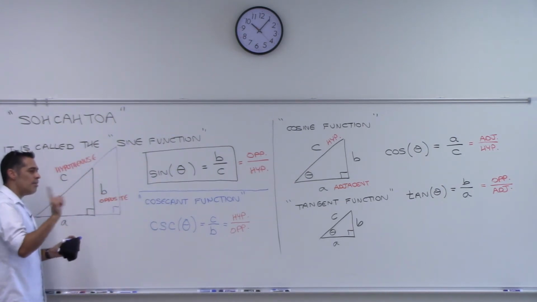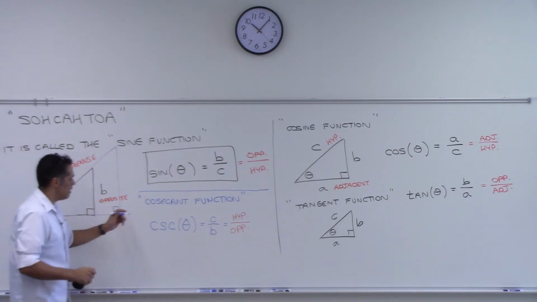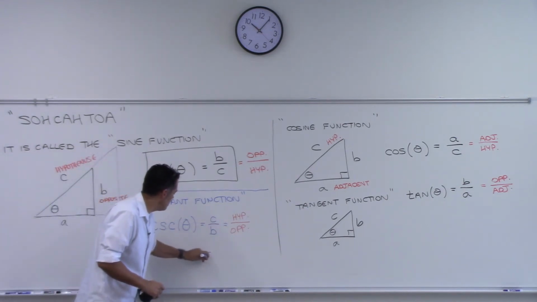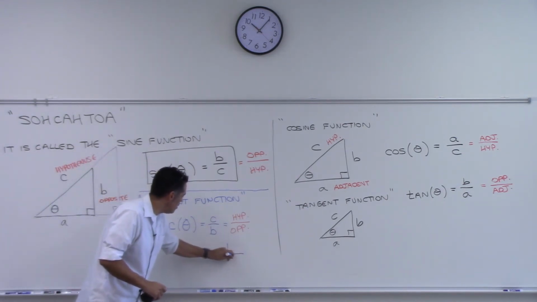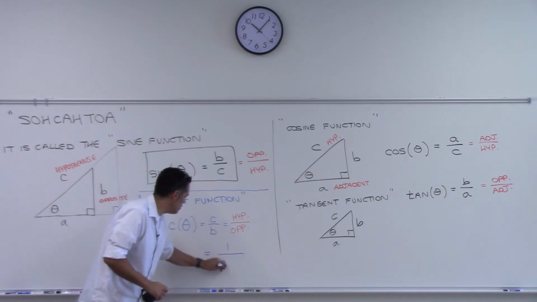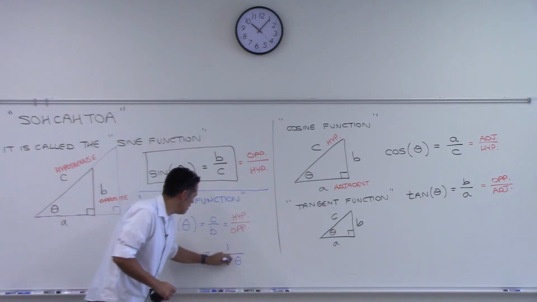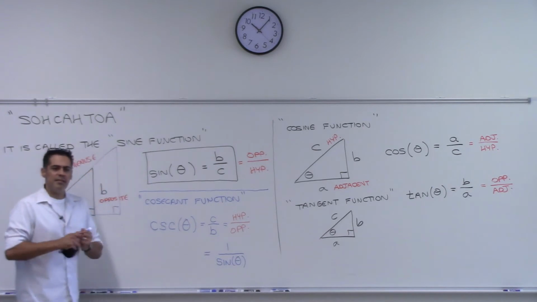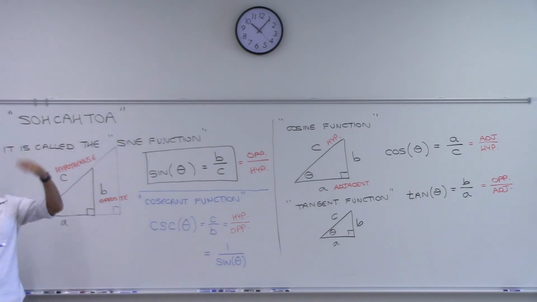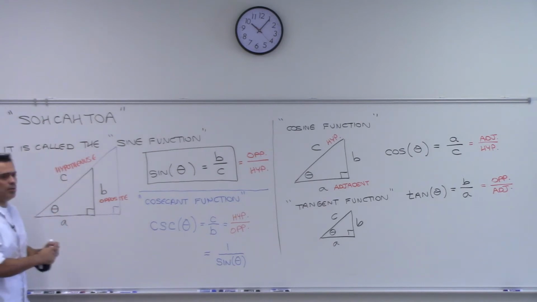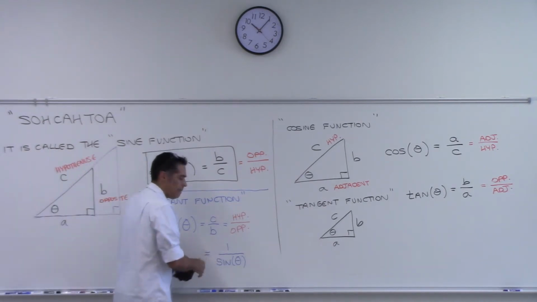But there's one other way you should also remember this. This is also just the reciprocal of the sine function. Right? Isn't taking 1 and dividing it by a fraction the same as the reciprocal? Yes or no?